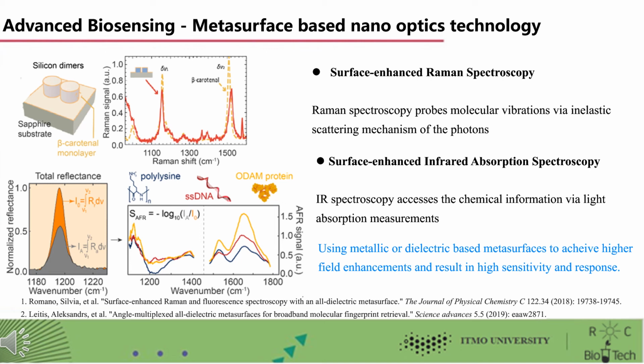Raman spectroscopy probes molecular vibrations via inelastic scattering mechanism of the photons, whereas infrared spectroscopy accesses the chemical information via light absorption measurements. Using metasurface can both strongly enhance light-matter interaction and increase molecule cross-section for scattering, thus increasing detection capability of spectroscopies.